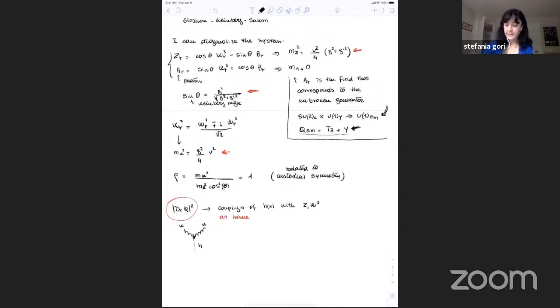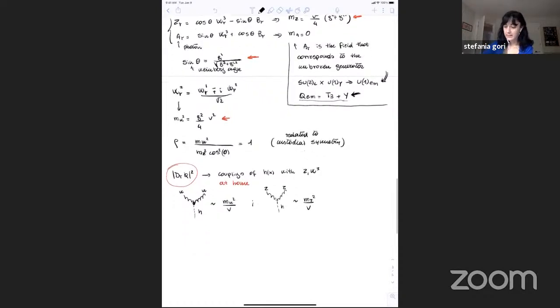So if you put here the W boson, you get this coupling scale like the mass of the W boson. Similarly, you can do the same thing for the Z boson, and now you will have a scaling with the mass of the Z boson.